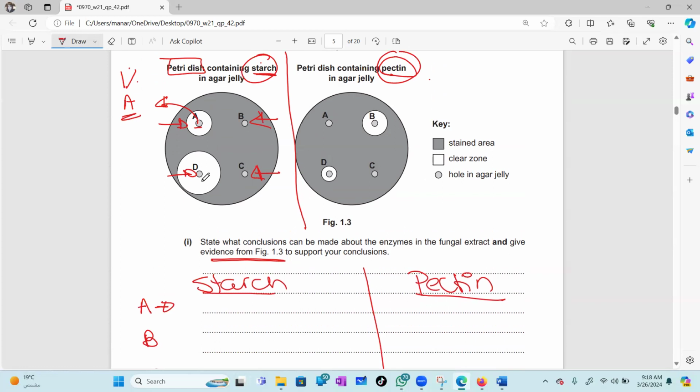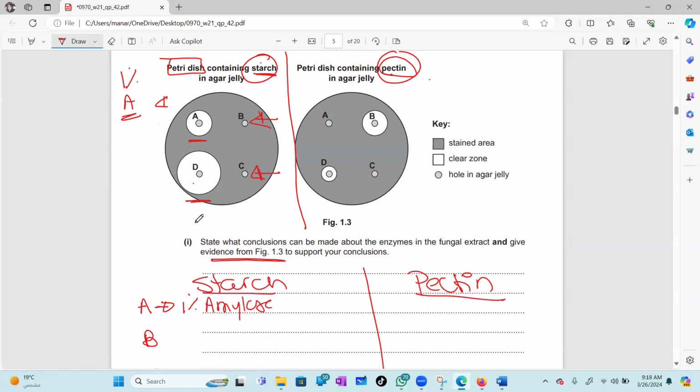Look at the clear zone in A and D. Give me an answer. The amylase in A was more or less than the amylase in D? Look at the clear zone. In A, is it smaller or bigger? Yes, smaller. Okay, so A contained 1% amylase.